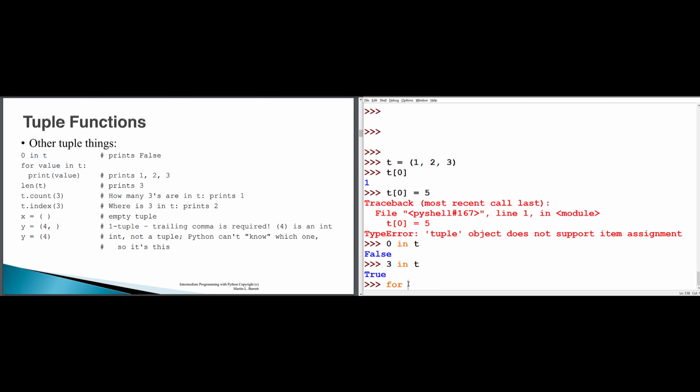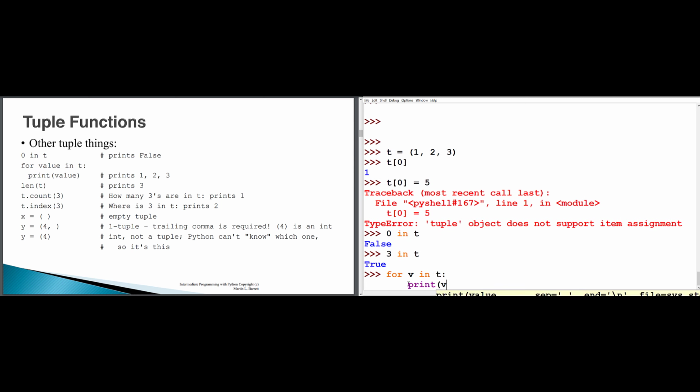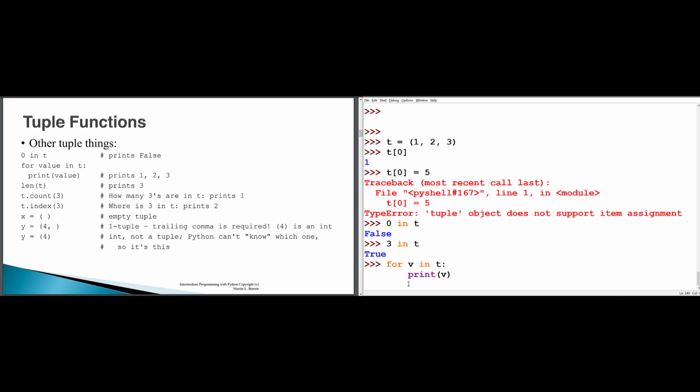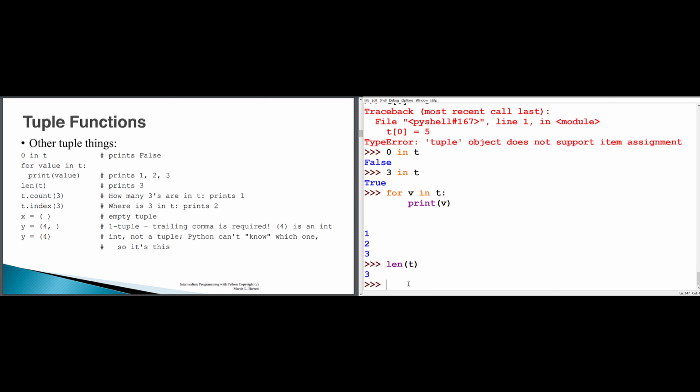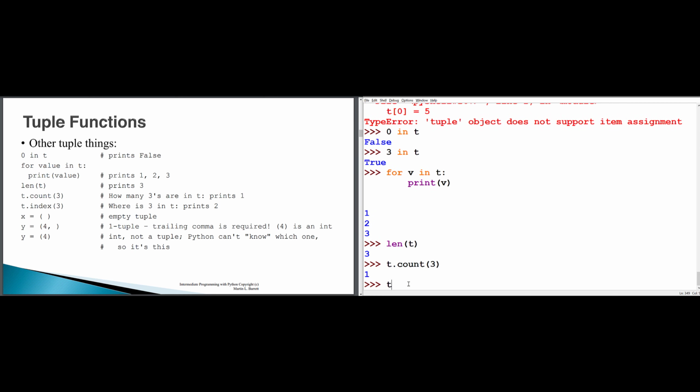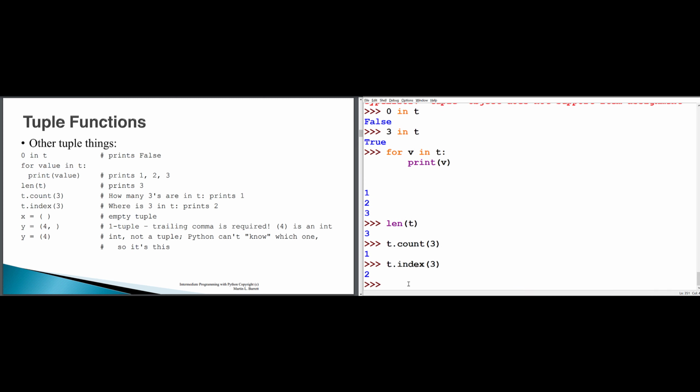We can also use a for loop to step through all of the item values in a tuple. Here I'm just printing out each one, and print by default is going to display each of these on a separate line. I can use the len function to find out how many items are in the tuple. I can also do things like counting how many times a certain value occurs, or using index to locate the subscript for a particular item.